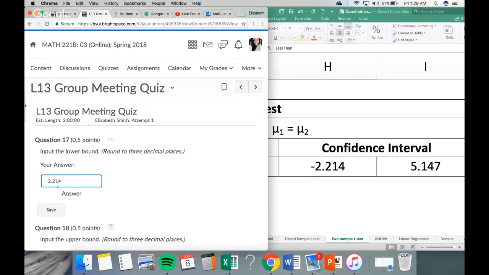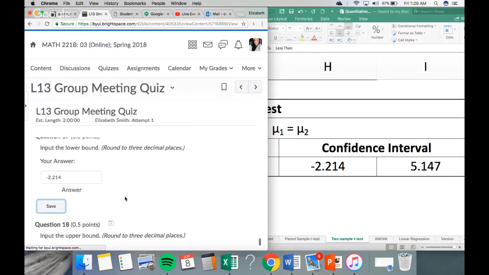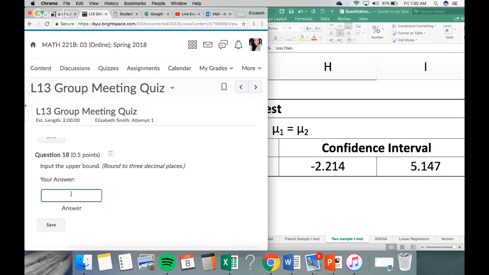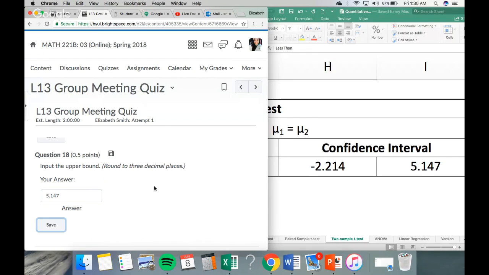Then the upper bound, 5.147. Sweet. Okay, I'm going to submit it. Oh, are you sure? Yeah, I got this. Okay. Tell me what we did. Tell me the damage.